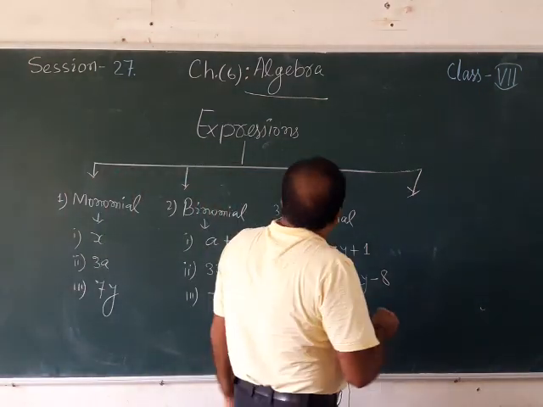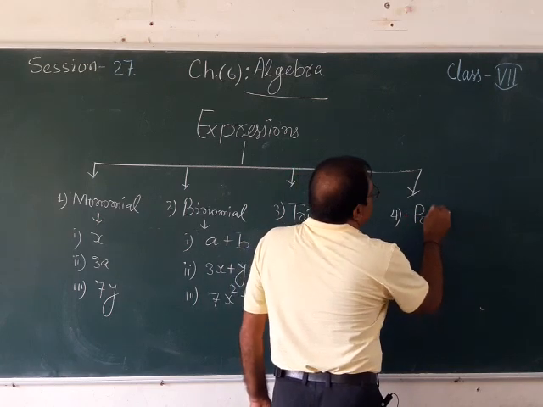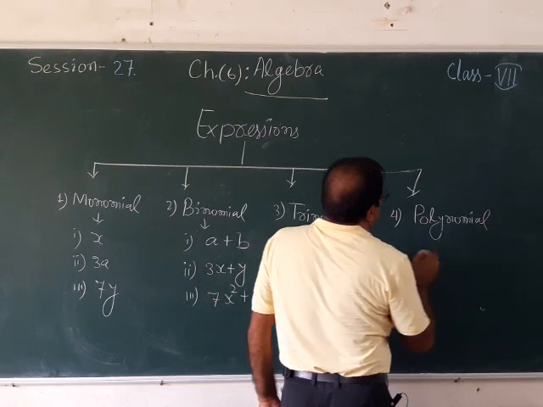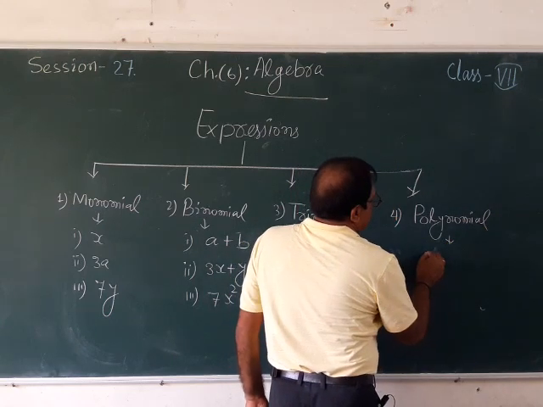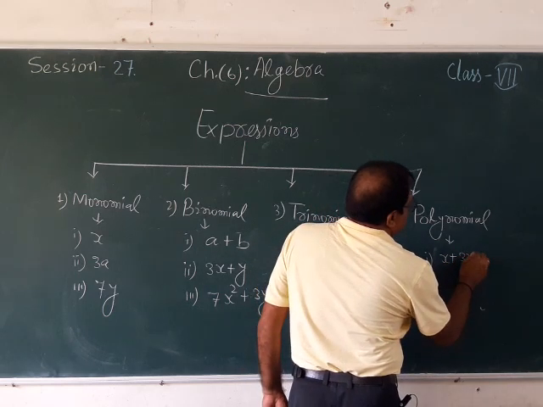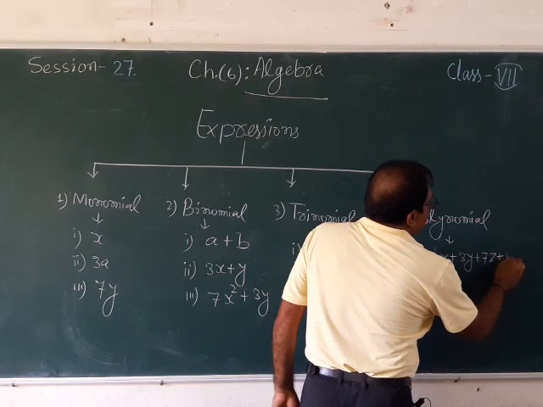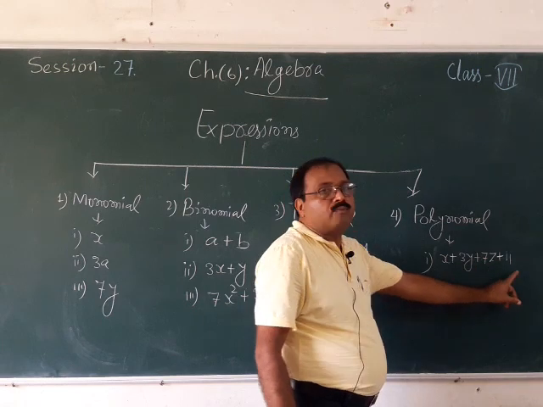Then one more is polynomial. If more than three terms are there, its name will be polynomial. For example, x plus 3y plus 7z plus 11. You can see 1, 2, 3 and 4 terms are there.